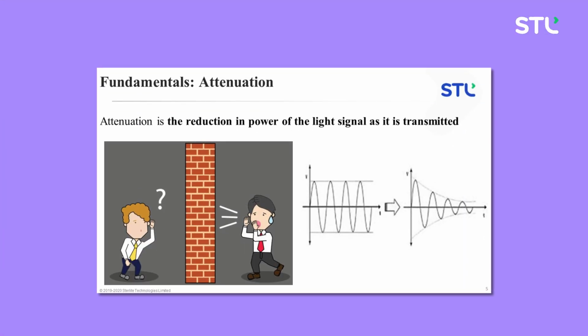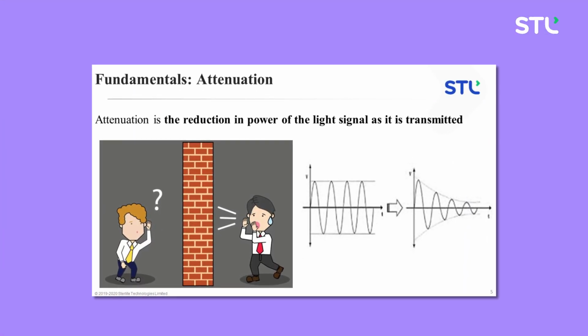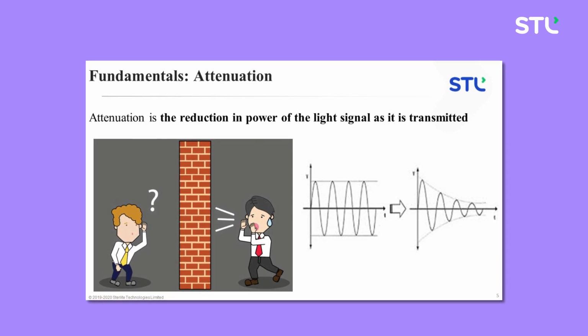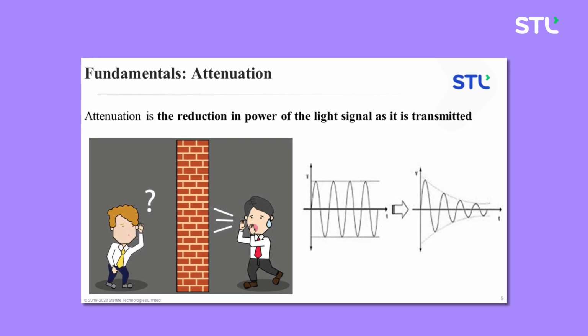Me and you are talking across a wall. If the wall thickness is, for example, 10 millimeter, we can easily speak. If the wall thickness is 100 millimeter, whatever I speak to you, the signal gets destroyed by the time it reaches you. So the obstruction in the signal travel will lead to loss of signal, which is called attenuation.